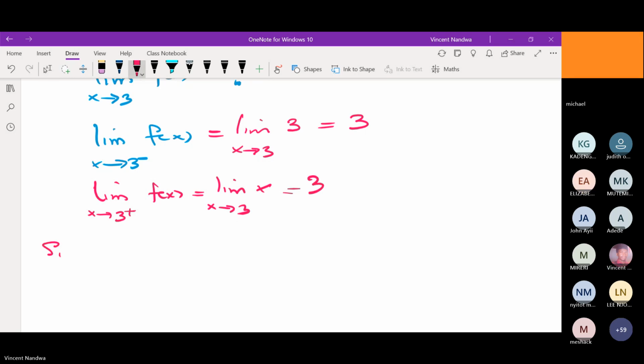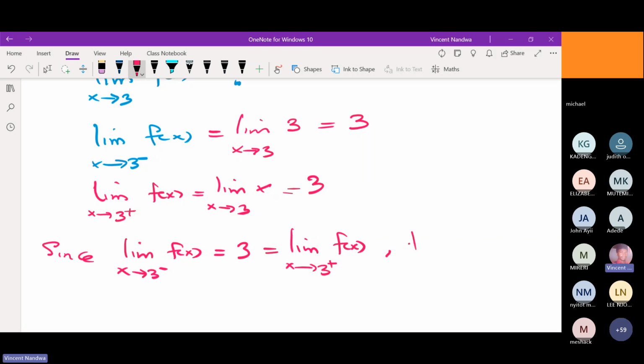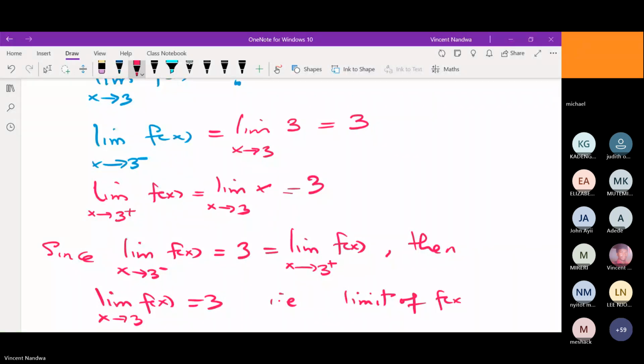So since the left-hand side limit is 3, which is the same as the right-hand side limit, then limit of f of x as x approaches 3 is 3. I.e., the limit exists. So the limit of the function f of x as x approaches 3 exists and the value is 3.